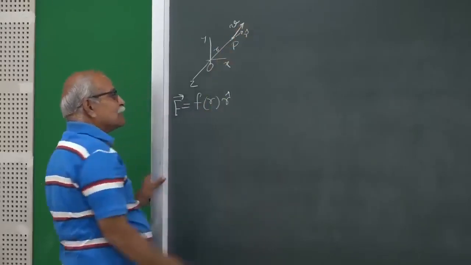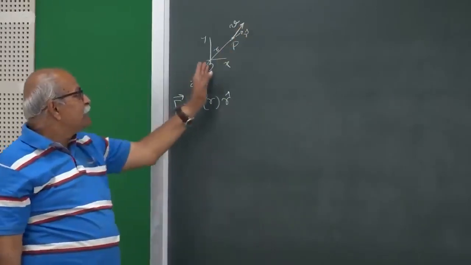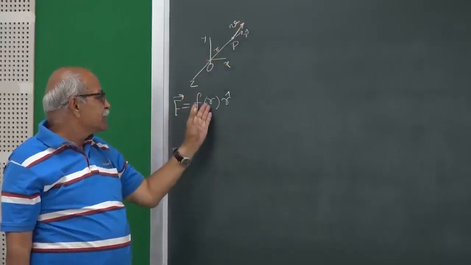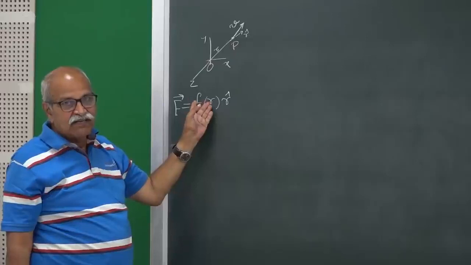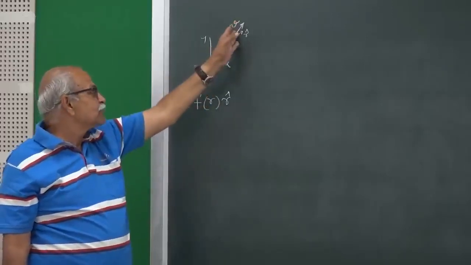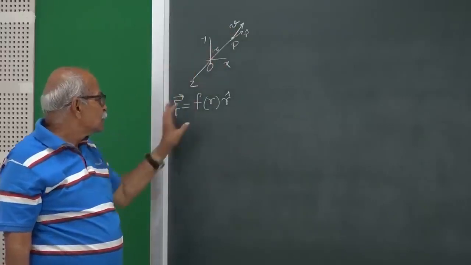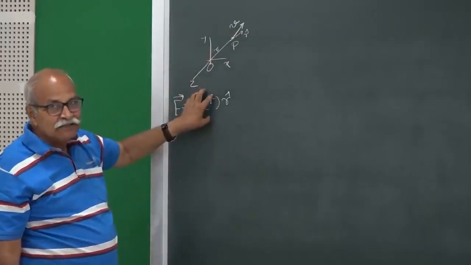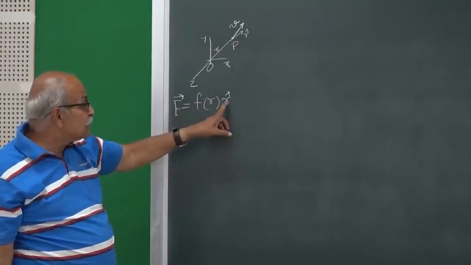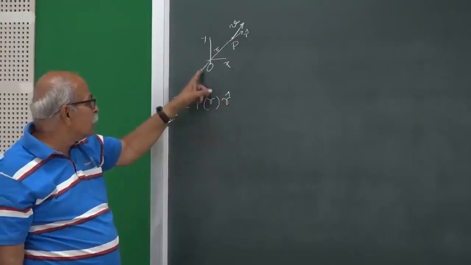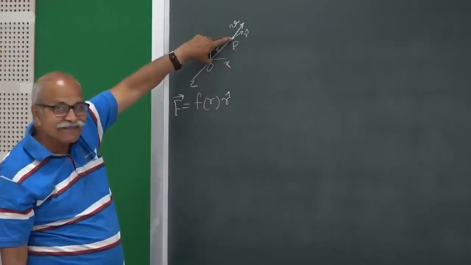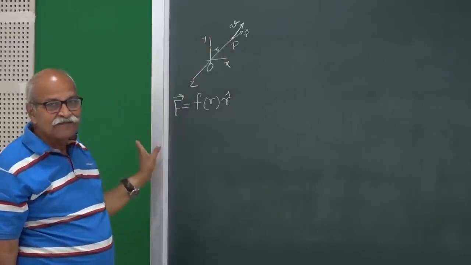Okay, it can be away from O or it can be towards O, that will depend on this function. This function can be negative, this function can be positive. So, the force can be away, force can be towards. So, those things will be taken care of by this scalar function small f(r), but the direction is along OP, and the magnitude of the force depends only on this distance, then it is called a central force.